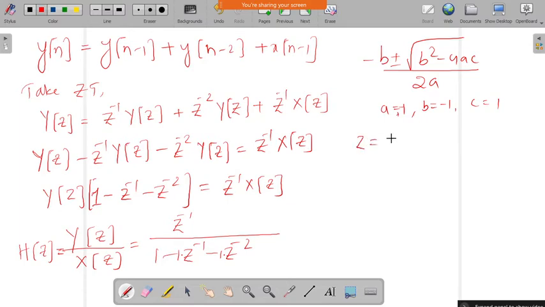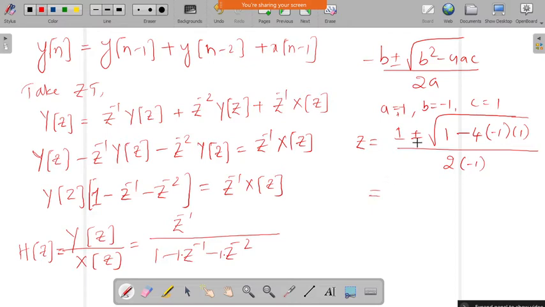So what are the roots? z equal to minus b, minus of minus 1 is plus 1, plus or minus square root of 1 minus 4 into a, which is minus 1, into c, which is 1, divided by 2 into minus 1, which is equal to 1 plus or minus square root of 1 plus 4, so that is root 5, divided by minus 2.